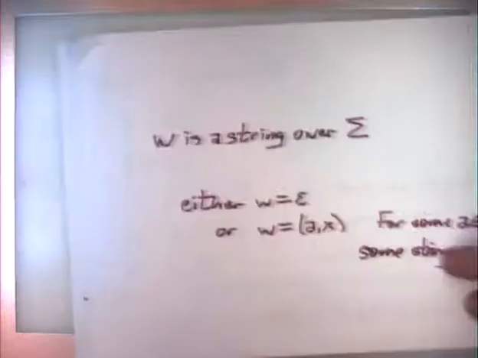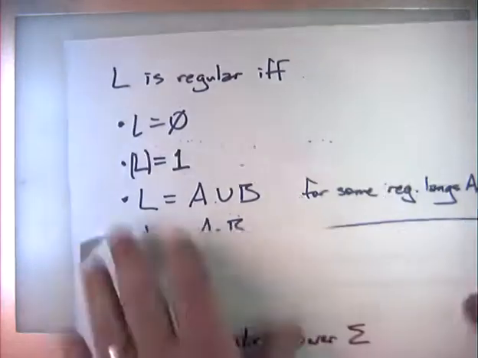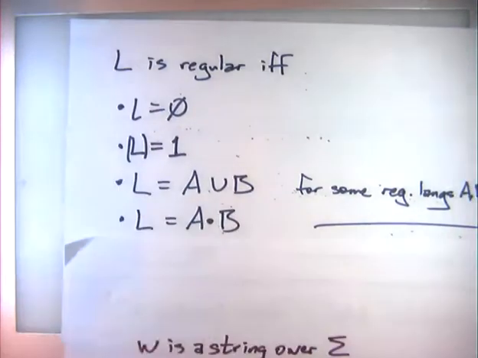Similarly, if I only allowed these first 4 rules, then every regular language would be finite. It would have a finite number of elements. I'd start with sets of size 0 and 1, and by taking unions, I could add their sizes, and by taking concatenations, I could multiply their sizes.